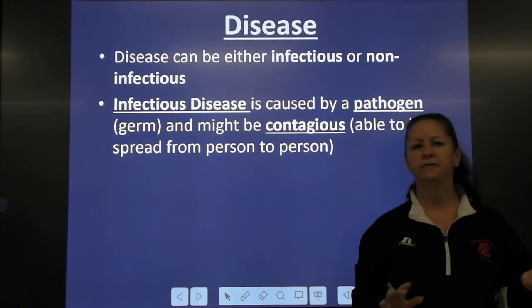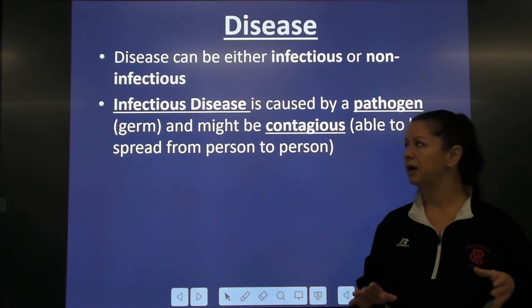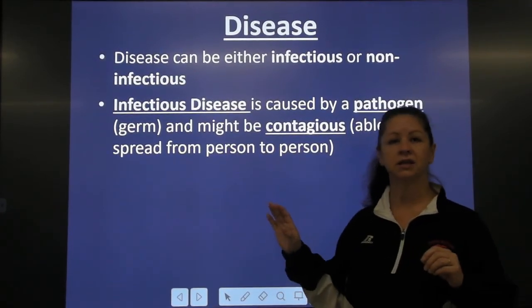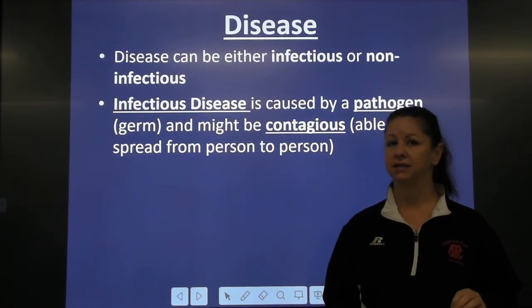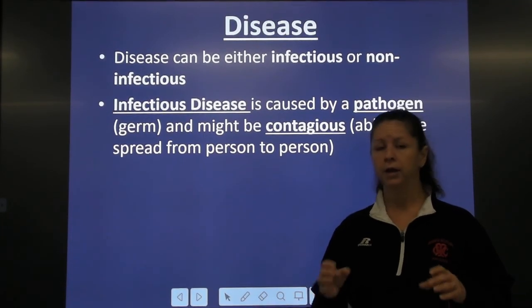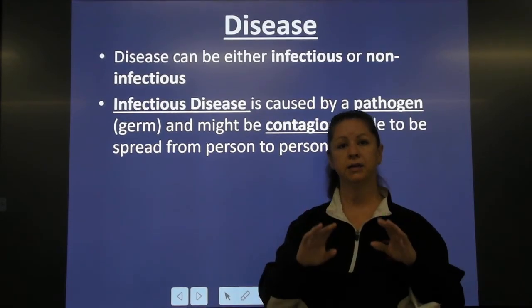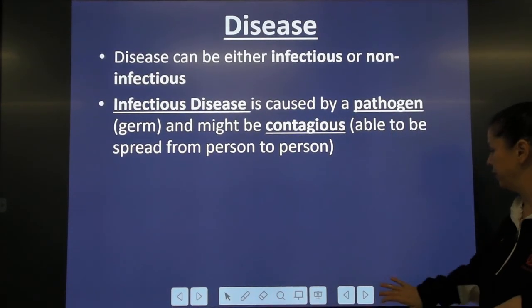But not all of them are contagious. Just because it is caused by a bacteria or a virus does not mean it is contagious. Some are and some are not. But if it's infectious, it is caused by virus or bacteria.